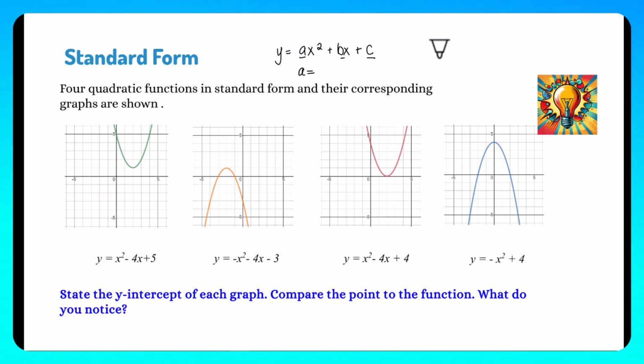A, under no circumstance, can equal 0, because if it's 0, that means our quadratic term disappears. But b and c can equal 0. So those two terms can be missing, or either one of them can be missing.